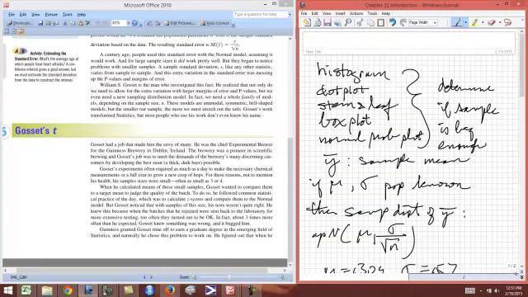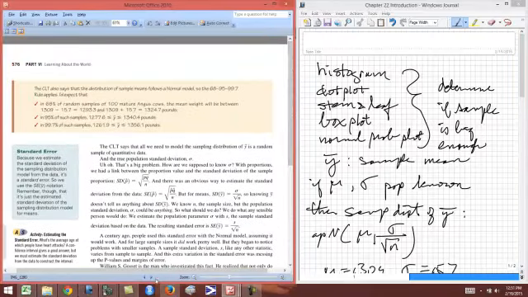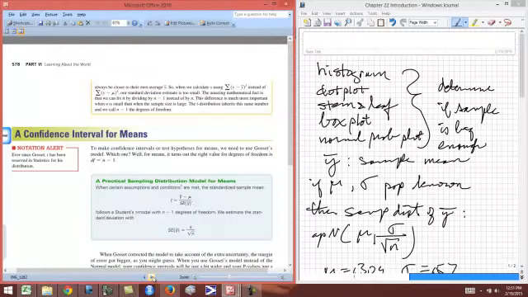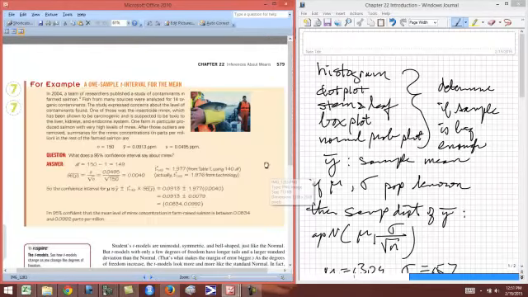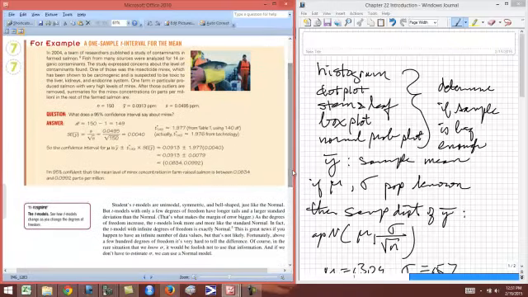So we go to page 579. Let me go to the top here. That's where all that stuff is. You can go look at that again. Okay, so a one sample t interval instead of a z interval.